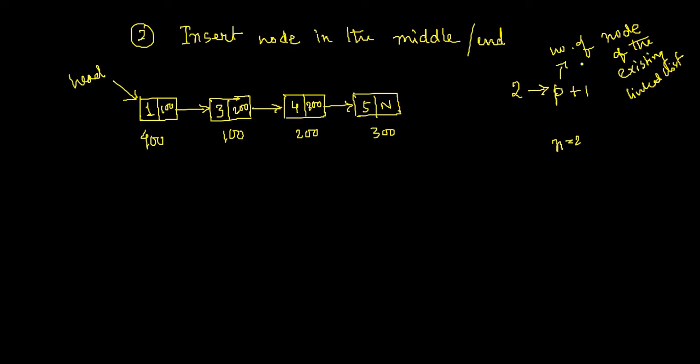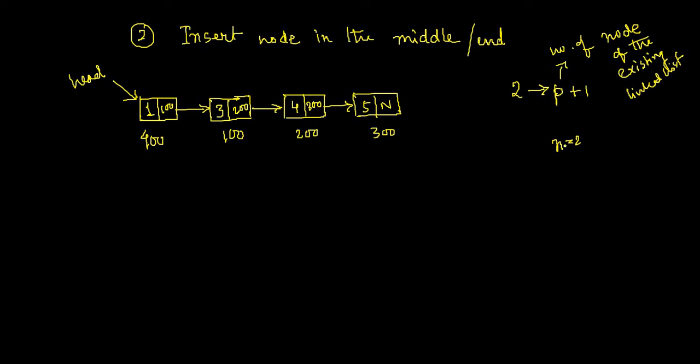I have considered the valid positions where I can insert the node as 2 to p plus 1. What is p? p is the number of nodes of the existing linked list, here p equal to 4. So n equal to 2 means after including the newly created node in the linked list, the position of the new node will be 2.